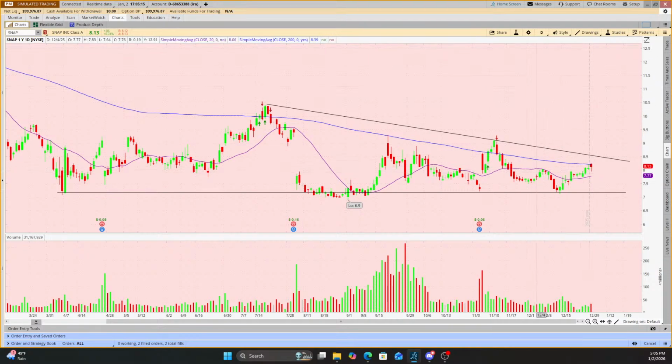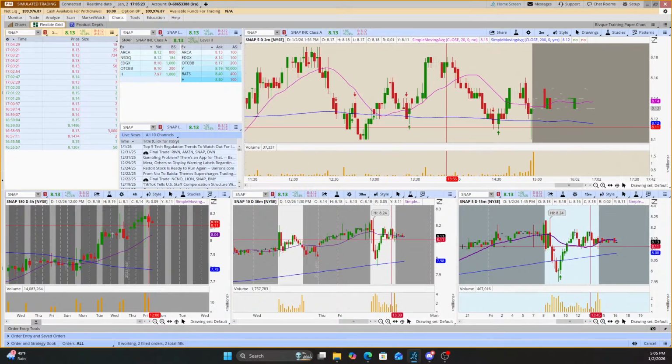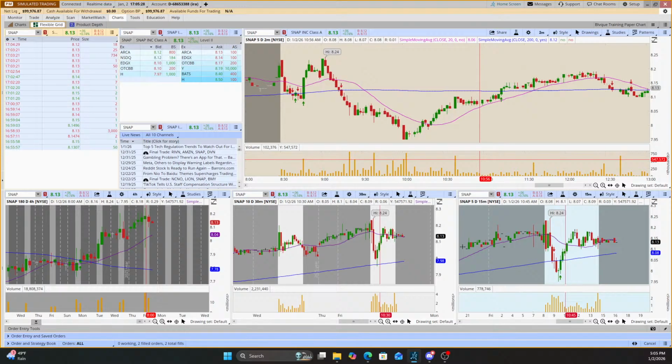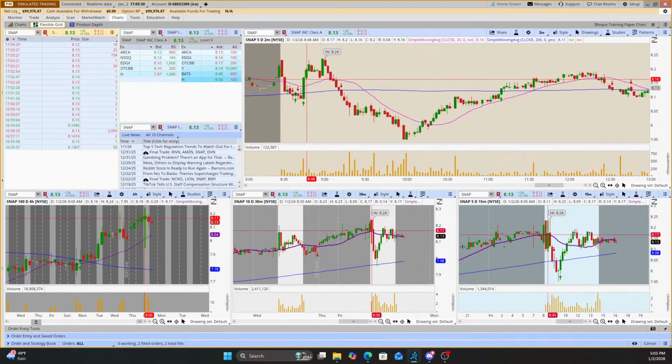I could be wrong. All right, so let's look and see some of our elephant bars. Okay, elephant bar, elephant bar. This would have been the best time to buy.